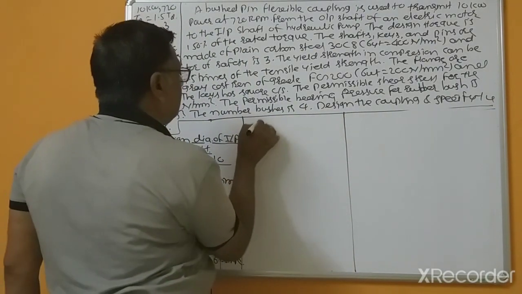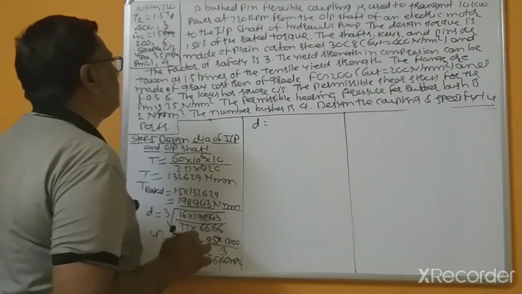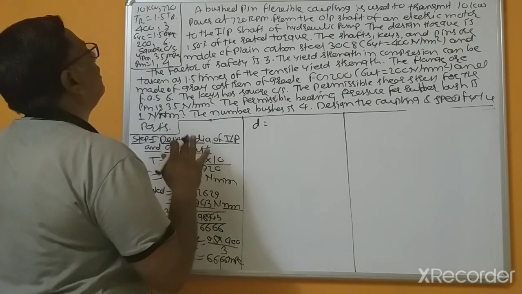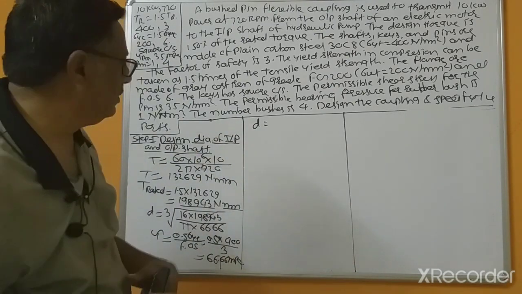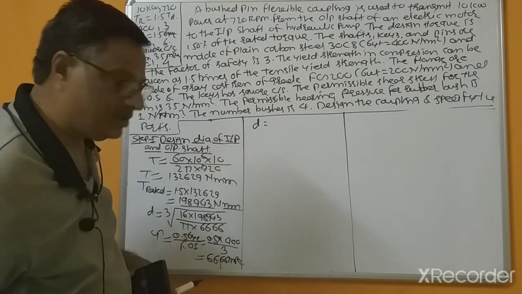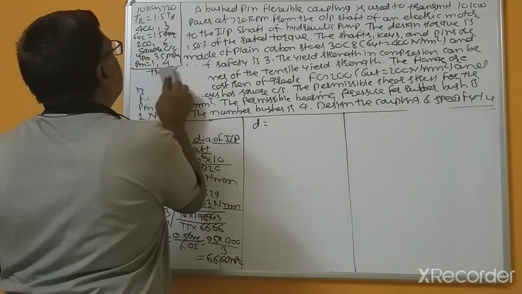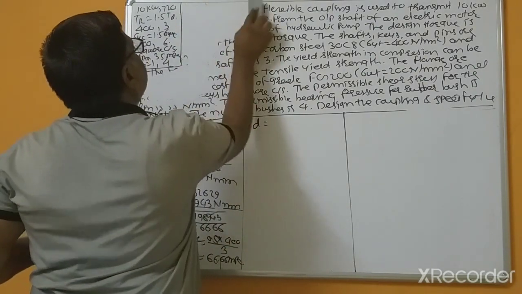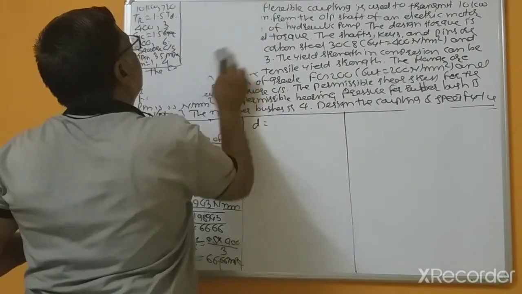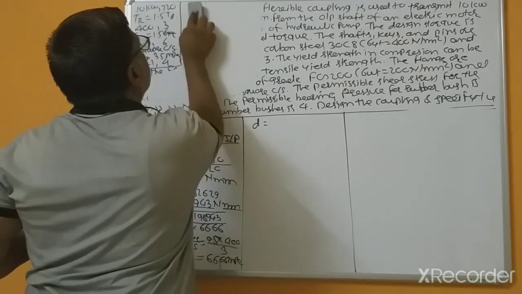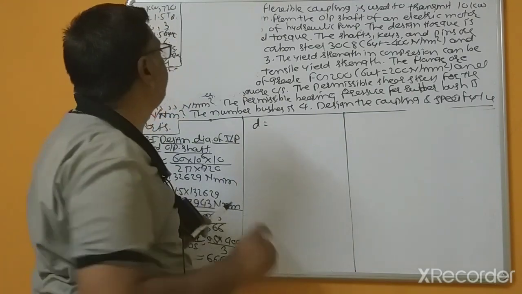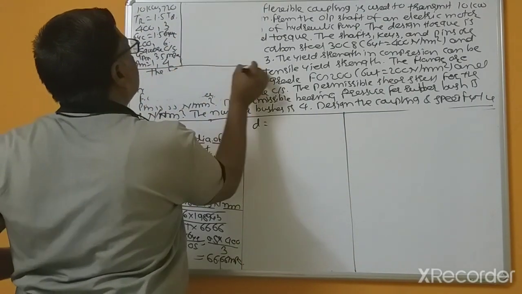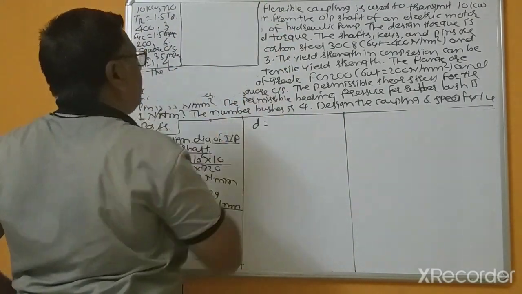D equal to the diameter of the shaft. Because we require space for what we calculated values, that's why I will use this space.